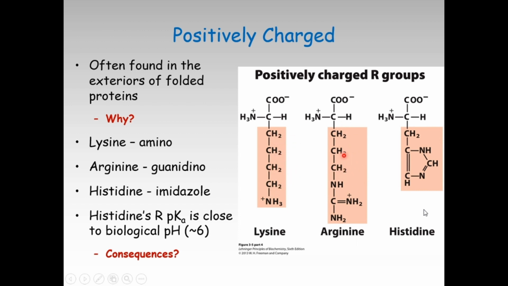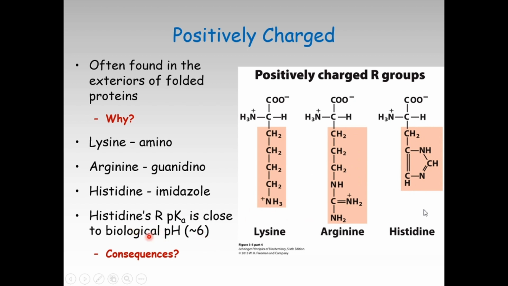Arginine has 1, 2, 3 attached, and at the delta carbon, after alpha, beta, gamma, is a guanidinium group, and hence it's called arginine. It's positively charged. Histidine, on the other hand, has an imidazole functional group attached to the beta carbon.